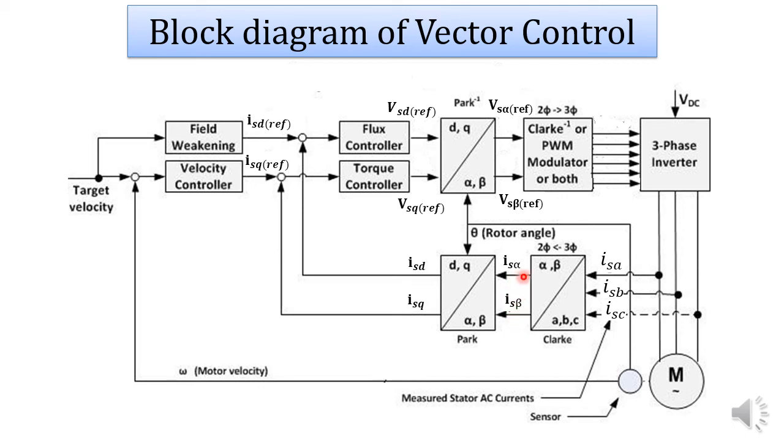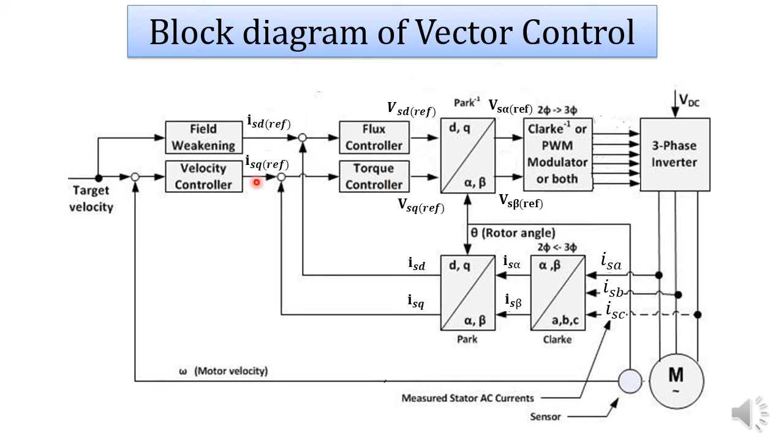And this system is again given to a Park transformation block, which transforms the alpha beta currents to DQ currents, that is ISD and ISQ, where ISD is the flux producing component and ISQ is the torque producing component of the stator current. Now the actual value of ISQ is fed back, and it is compared with the reference value of ISQ, and the error is given to the torque controller block.